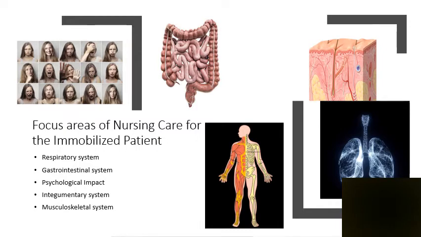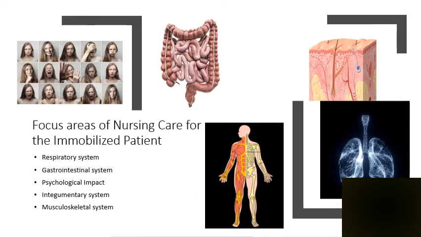So there are 5 distinct areas that can be impacted with immobilization, and we're going to look at the 5 major ones. There are others, but these are the 5 that we want to focus on. And again, they're in conjunction with your nursing text, ACLI, that reviews the nursing diagnosis.